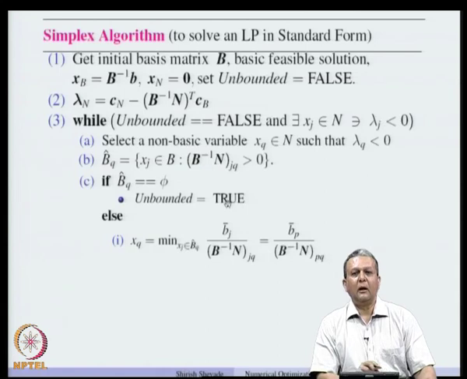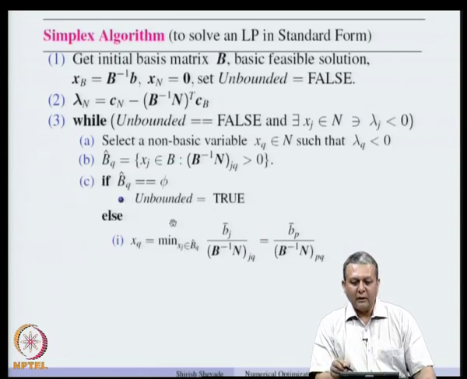Otherwise, we find the minimum ratio of B bar_j and (B inverse N)_jq, and let that be associated with the basic variable p. That means x_p is the basic variable which will be made non-basic while making x_q a basic variable.